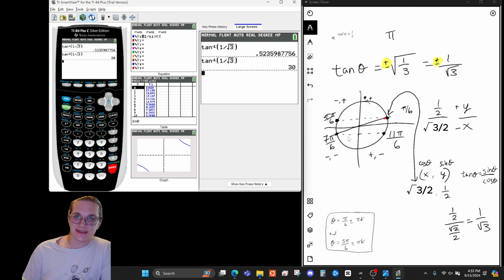Then since it's tangent that we're dealing with, we add 1 pi, half circle, to get the next solution. We add 1 pi, another half circle, to get the next solution, and there's an infinite number of solutions, so you keep adding a single pi, and then that's what gives us plus 1/√3.